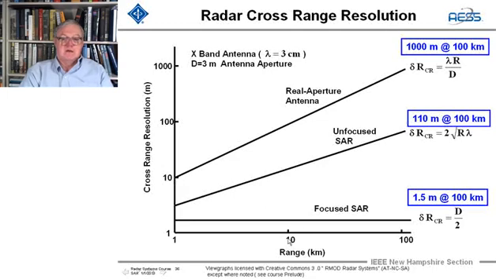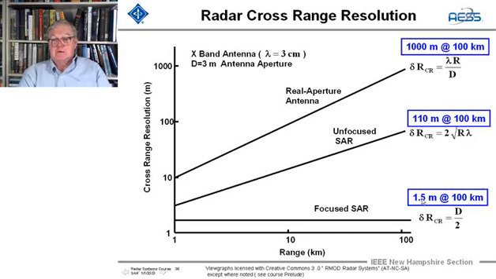If we're at 10 kilometers, 100 meters. These are log scales, notice. And at a range of 100 kilometers, we're way up there at a kilometer cross-range resolution. But when we go to an unfocused SAR, where we have twice the square root of the range times lambda, we get not a kilometer, but we're down to 110 meters.